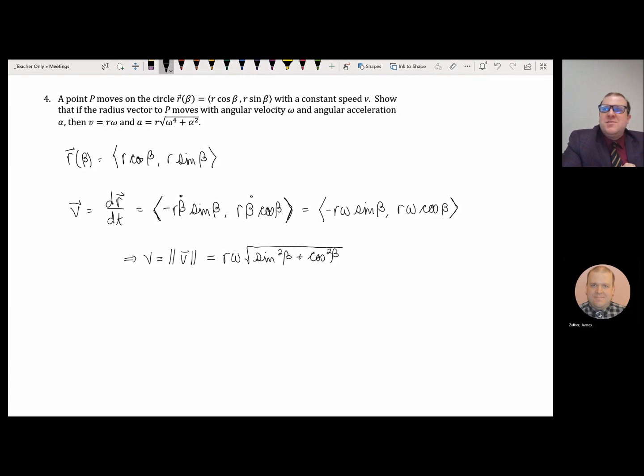We're going to make the assumption that P is moving in the positive direction, so counterclockwise. Otherwise, that would be absolute value of omega. R is obviously always positive, but omega could be positive or negative, depending on the direction we're going.